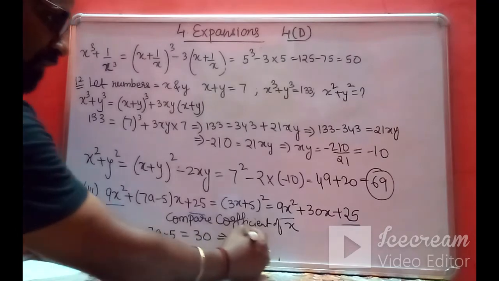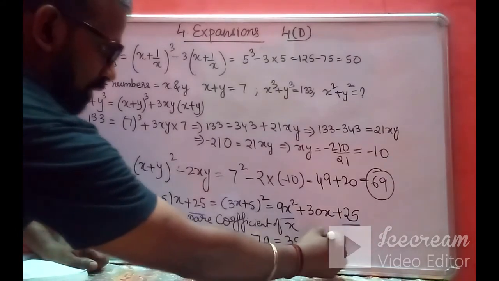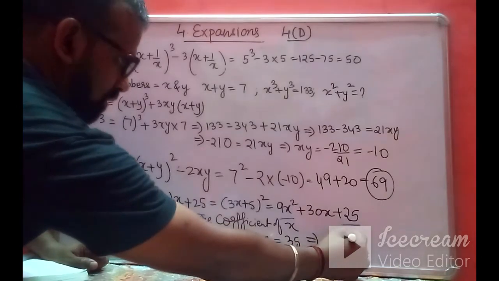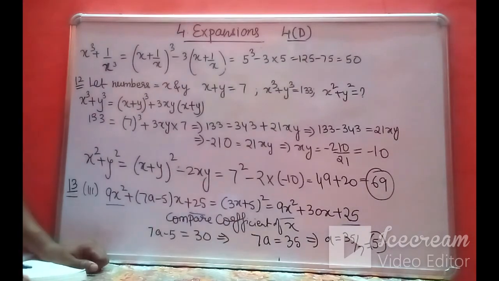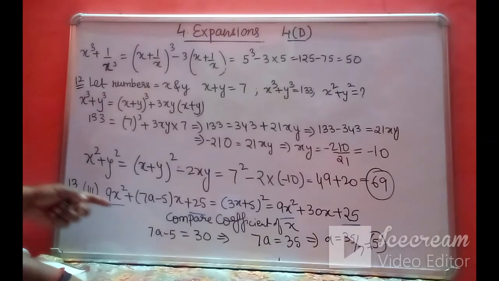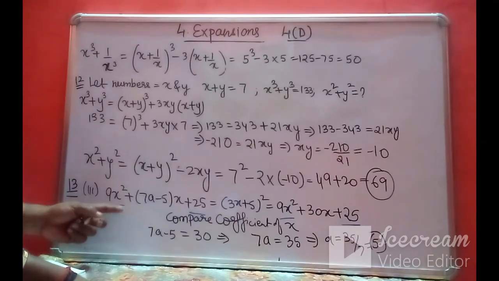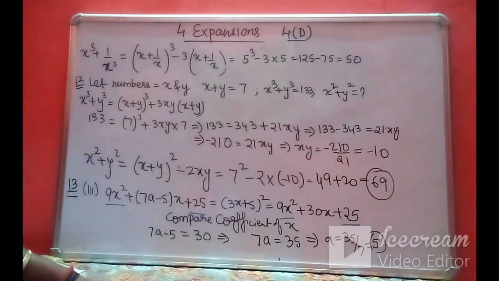So from here we will get 7a equal to 35. So what is a? a is 35 by 7, that is 5. Okay, so in question number 13, in all the parts you have to compare the coefficients. When can we compare? When the square coefficient and the constant term are equal to each other.